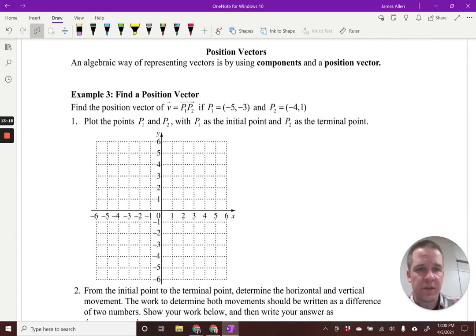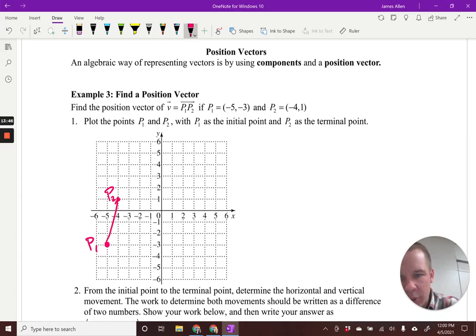So let's find our position vector, or put it in component form here, and we'll plot it here on the graph. So we've got the vector is going to be P sub 1, P sub 2, and P sub 1 is -5, -3. Awesome. So that's our initial point. And our terminal will be -4, 1. Cool.